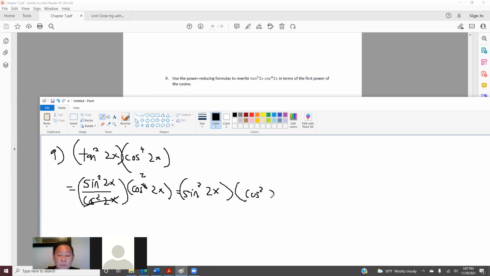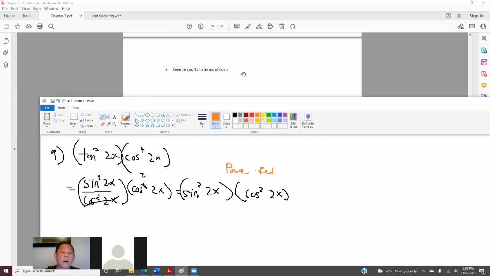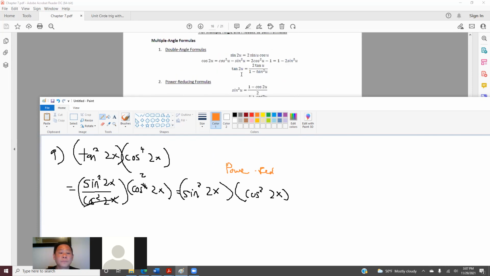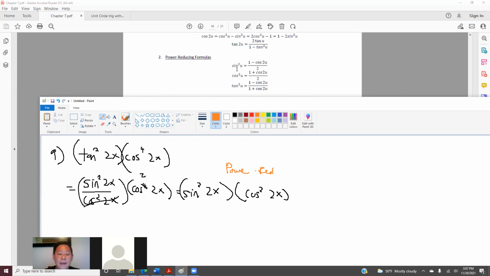Usually we will use the basic identities. If you can simplify it, simplify before you use your power reducing formula. Okay, PR, power reducing. Now, if you look at your power reducing formula, you notice that we have sine squared u is 1 minus cosine 2u over 2, right?